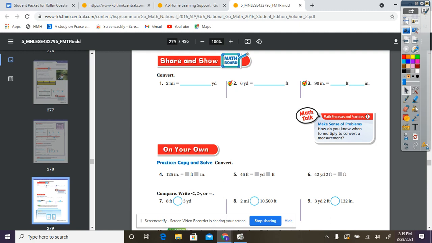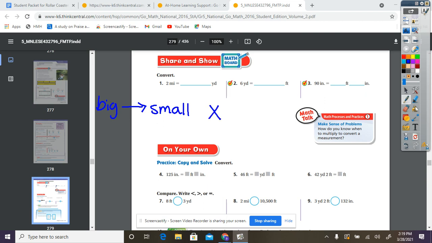There's one really important thing that I need you guys to remember when doing this. This is the basis that will help you know if you need to multiply or if you need to divide. If you are going from big units to small units, that means if I was going from something big like miles and converting it to something smaller than miles, maybe like feet, when I go from big to small, I multiply.